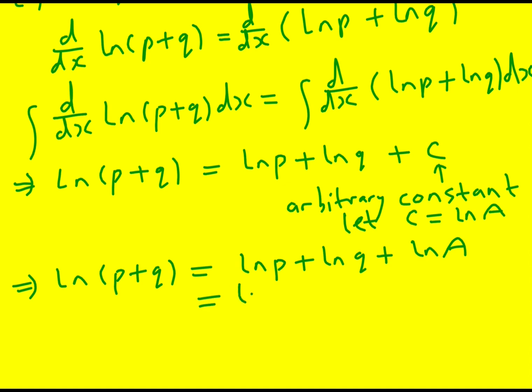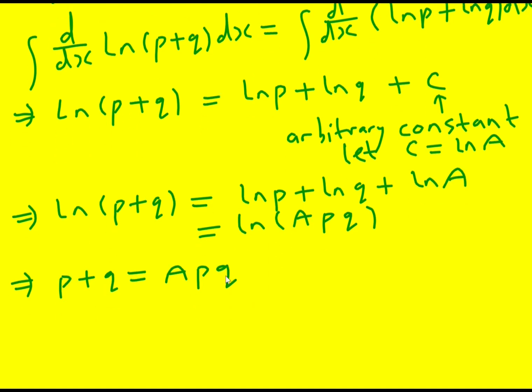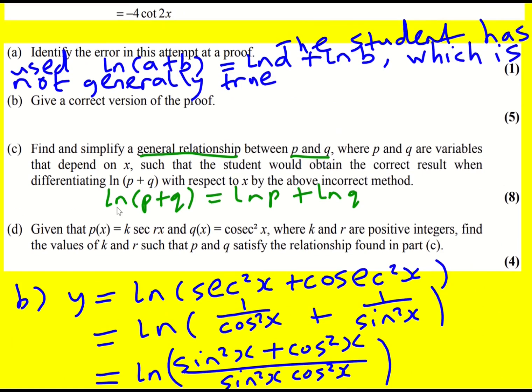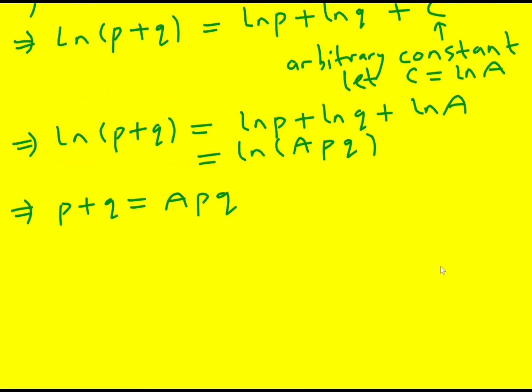And that will in fact equal ln APQ, which means we can undo the logs and actually that would be a possible answer. We've got a relationship between P and Q, and I should probably say that A equals an arbitrary constant.